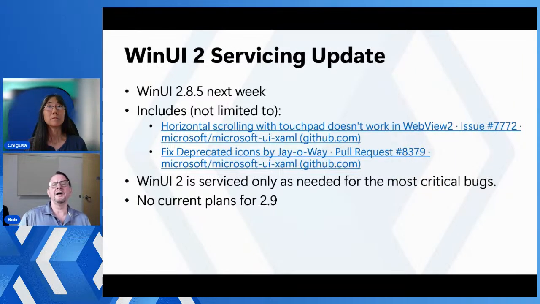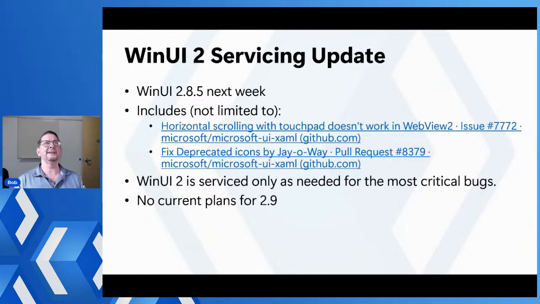The first thing I wanted to talk about is, before we get into the WinUI 3 stuff, we do have a servicing update coming up for WinUI 2. This is not something that we do often, but it is something that occasionally comes up where we have critical issues that need to be serviced.